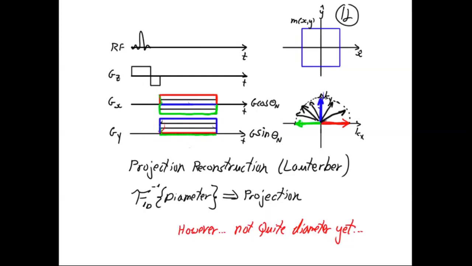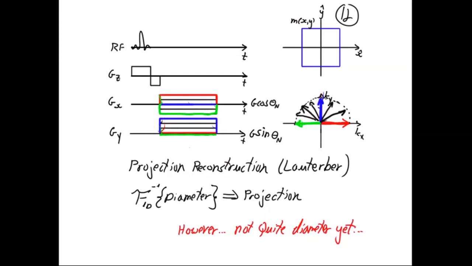That will traverse the frequency domain along this red trajectory. I wait till everything recovers. Then I collect more data. And the next data that I collect, let's say the blue one, I'm going to apply GX to be 0 and then GY positive. And so that will collect the data along the y-axis in the frequency domain.